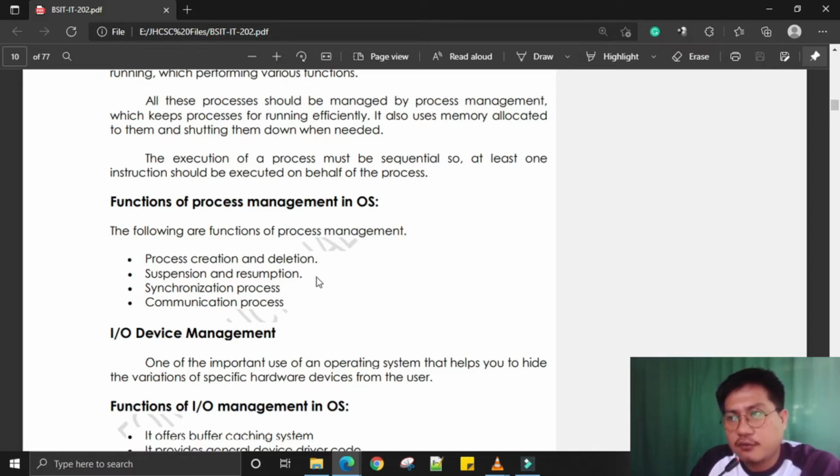When you open different tabs, especially when you are researching something, and you want to save a current tab for a later part of your research, it will be suspended by the process management. As you can observe, it will gray out that specific tab if you are not interacting with that tab for at least an hour.